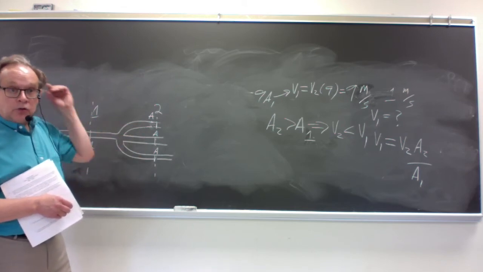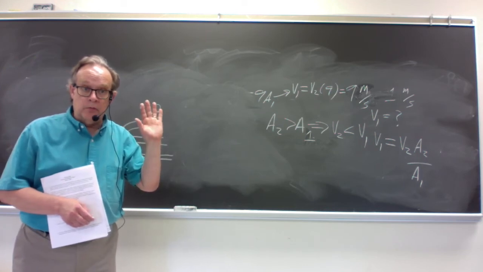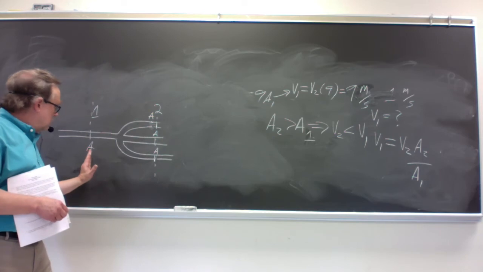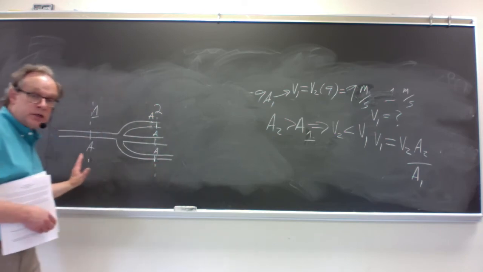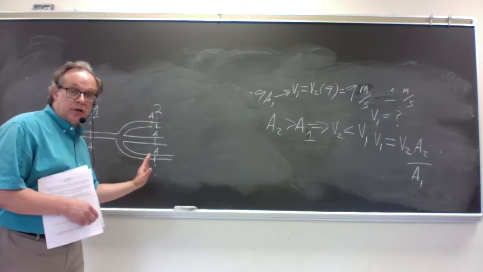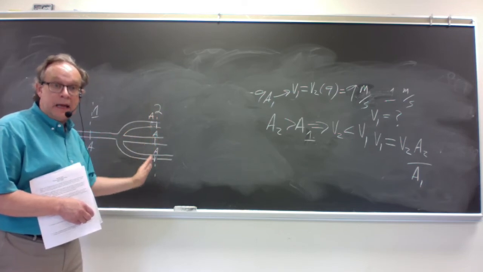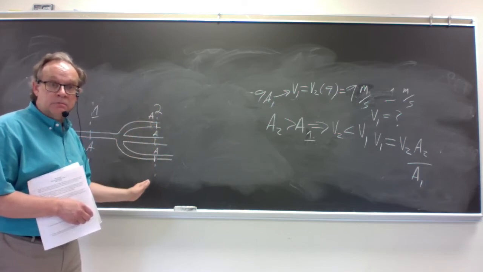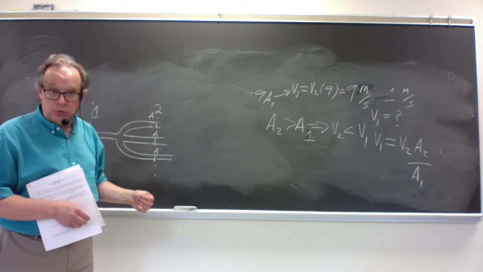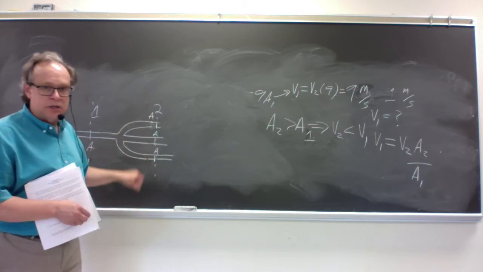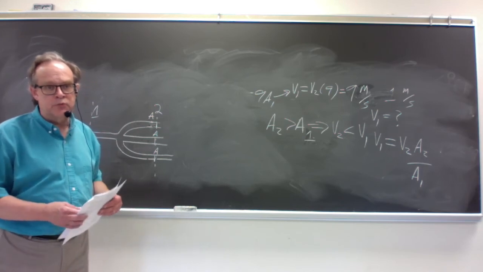So the total volume flowing past point 1 is the same, or the volume per second flowing past point 1 is the same as volumes per second flowing past point 2. But point 2 means you have to look at everything at this location, everything where water is passing through, and it's passing through in 3 separate paths, but all the same direction.